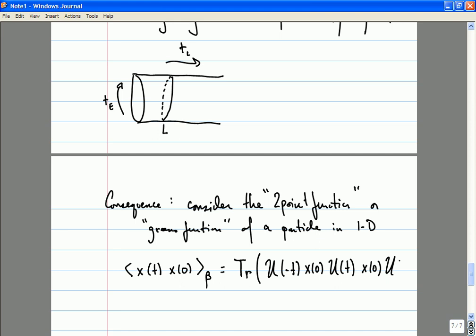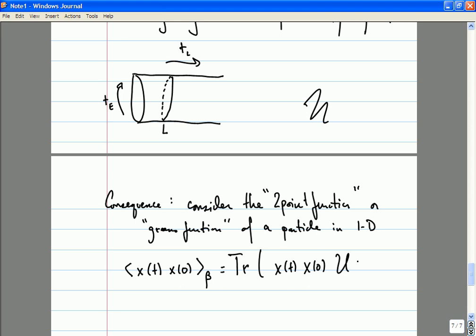Here, let me rewrite this on the next line so I have a little bit more room. So this is the trace of x of t, x of 0, times e to the minus beta h, which is u of I beta h.